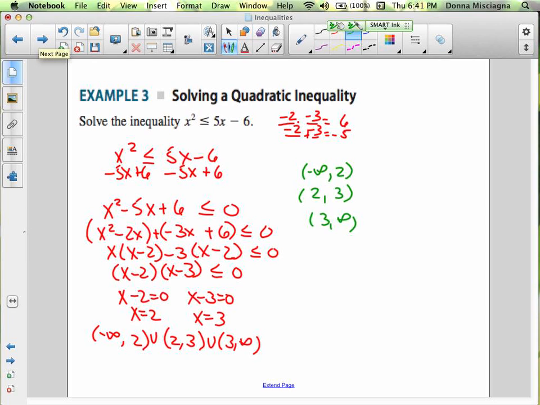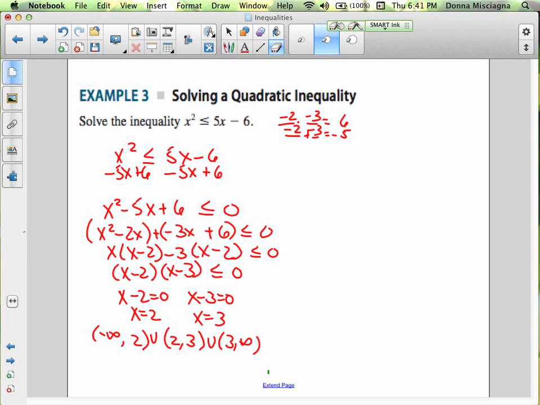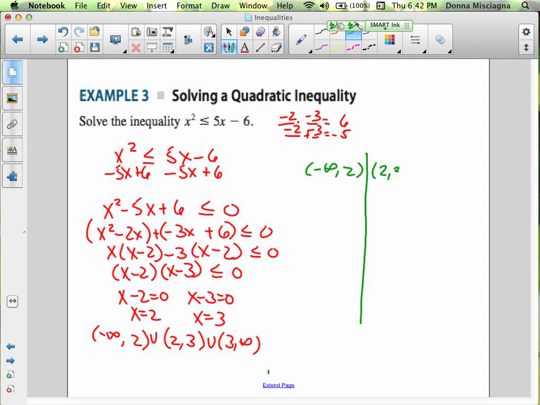Actually, I'm going to write them horizontally. I think that would look nicer. And I won't put anything between them. All right, so those are the intervals that we want to check.